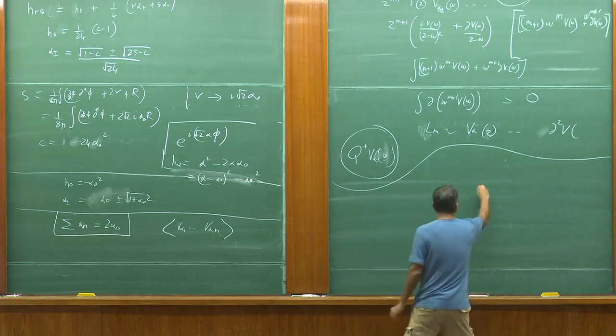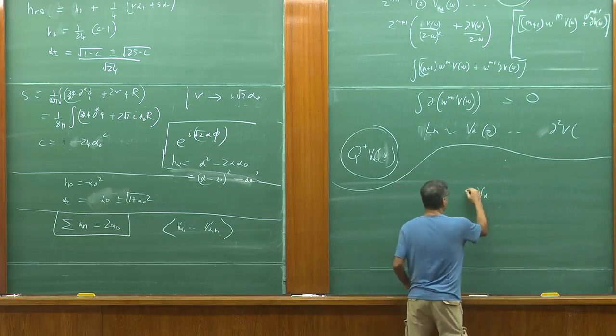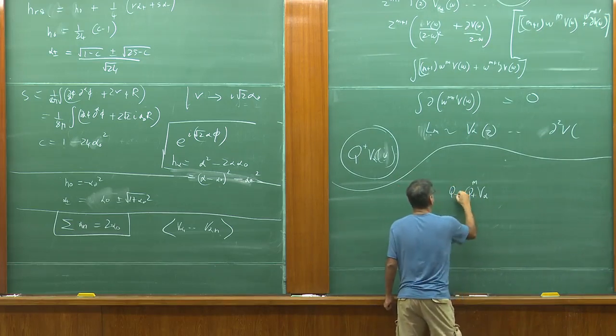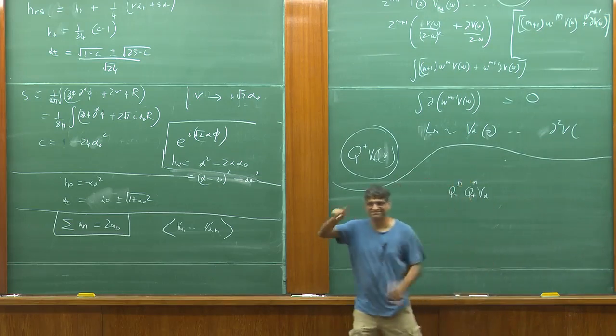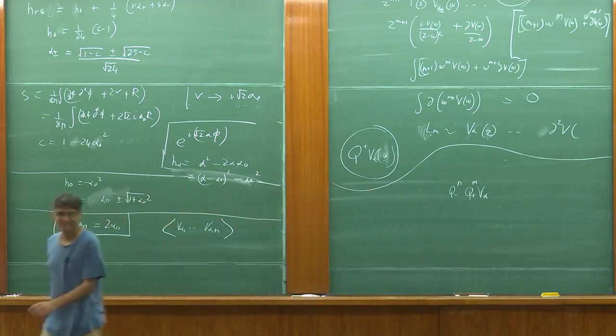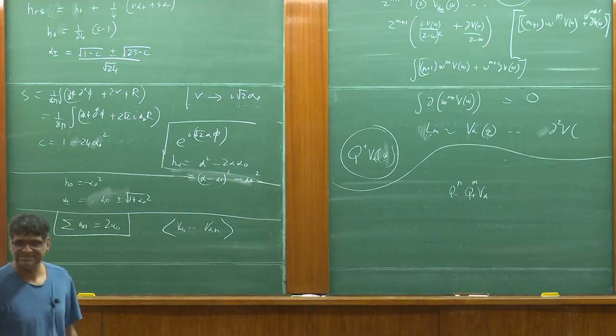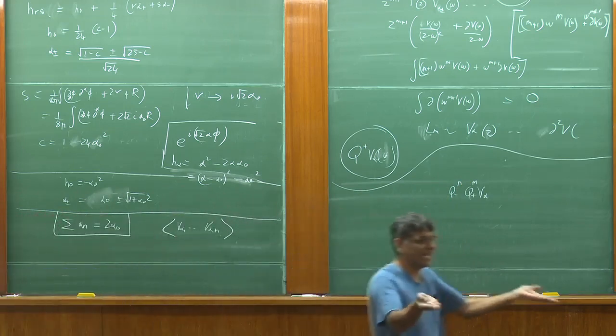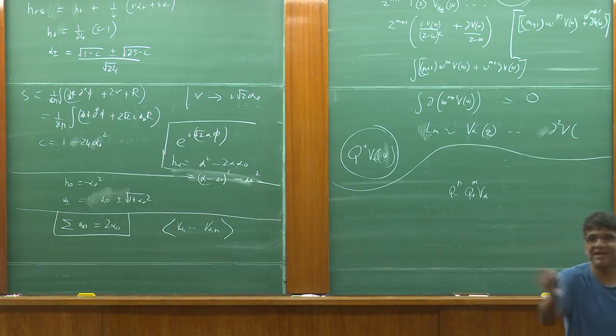You see, given a V alpha, I can act on it with Q plus to the power m and Q minus to the power n. I can circle it with m Q pluses and n Q minuses. This is the kind of operation I can do to get objects that will have the same conformal properties.